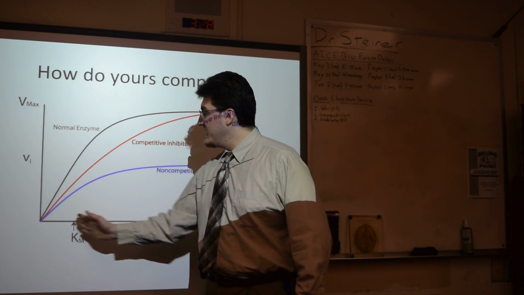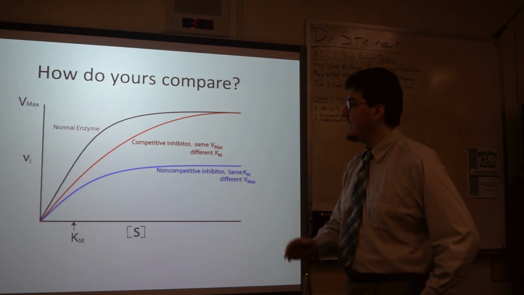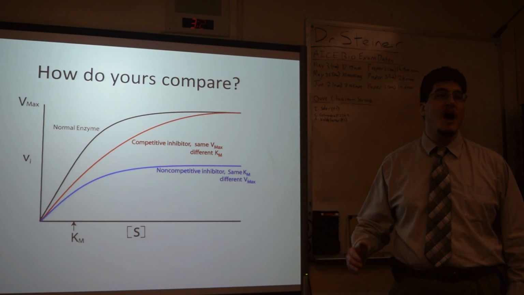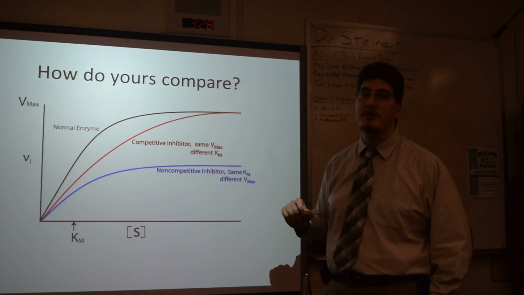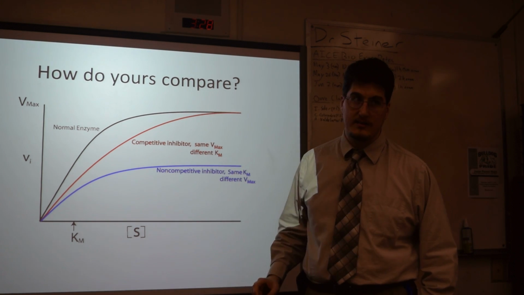The Km is higher. It raises Km. Higher Km, lower enzyme affinity. For a competitive inhibitor, same Vmax.